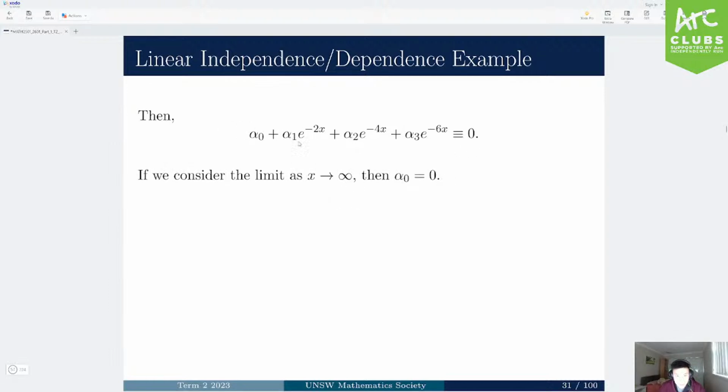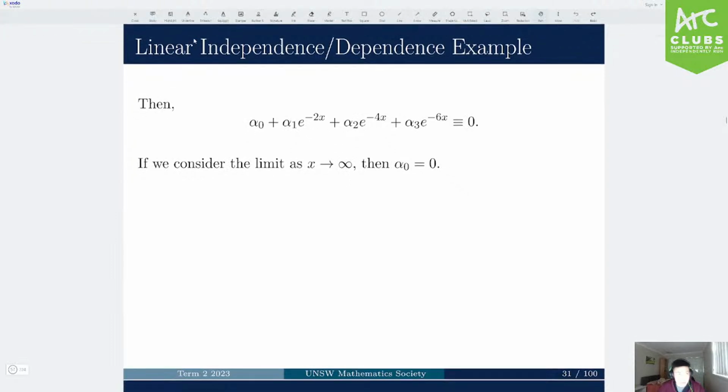Let's get the pen out. If we take limits as x goes to infinity, this goes to 0, this goes to 0, and this also goes to 0, which means that alpha 0 is equal to 0.